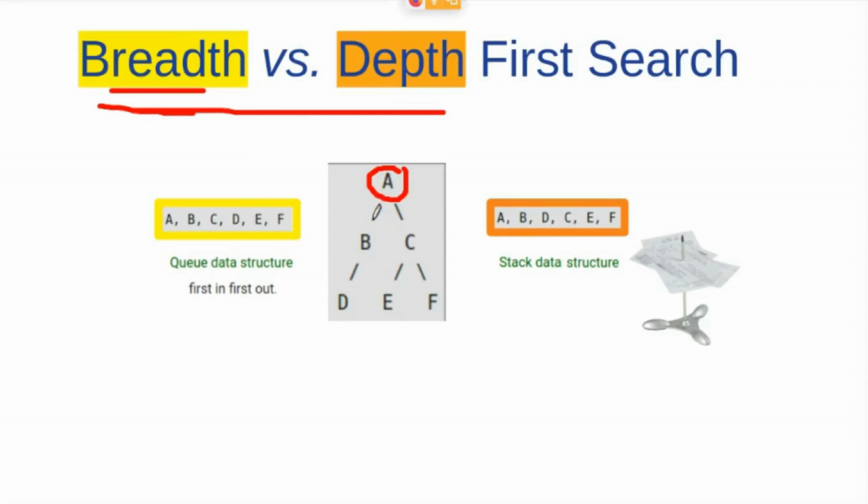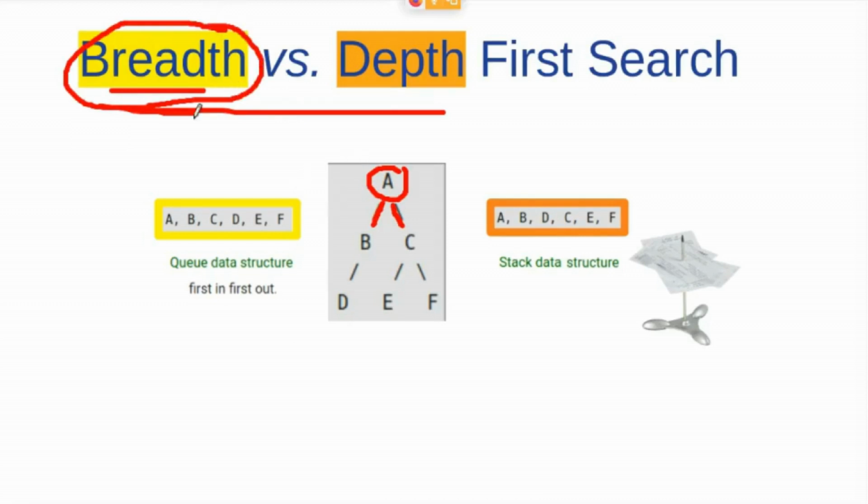At the following level, because I start here, the following level is all the neighbors of A, right? So this method will assess the connection between A and B, and then A and C. That's why we use the adjective breadth.